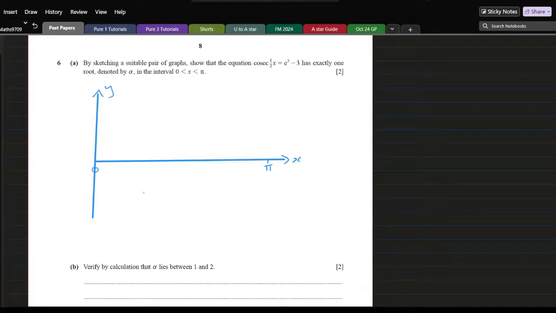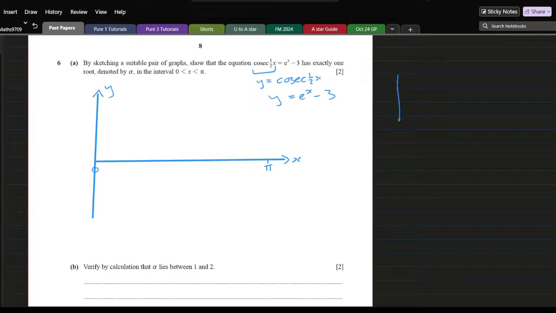Okay, so we're supposed to sketch 2 graphs, so we'll sketch y is equal to cosec half x, and we'll also sketch y is equal to the exponential of x minus 3. Alright, so let's start with the graph of y equals cosec half x.